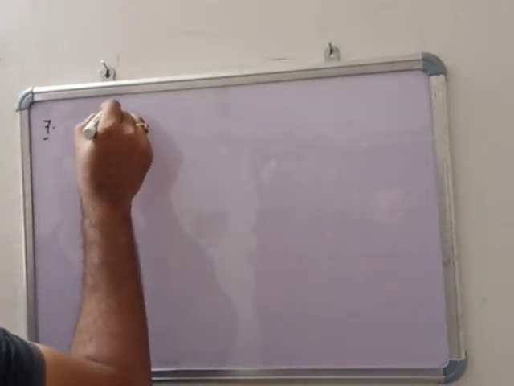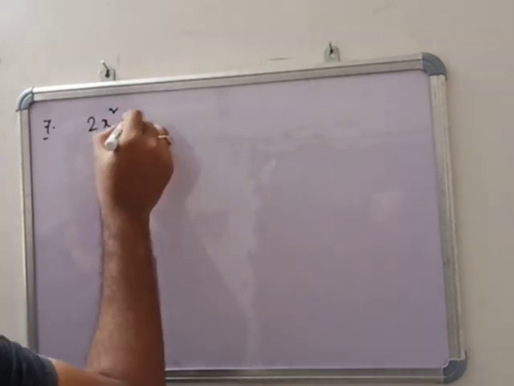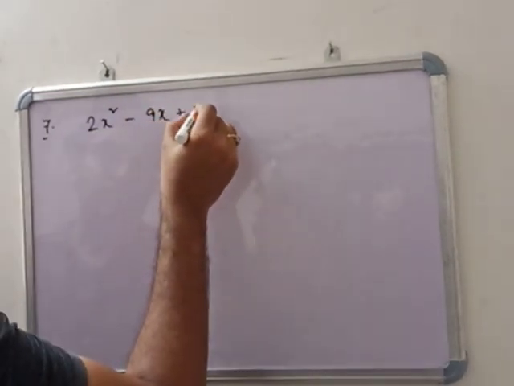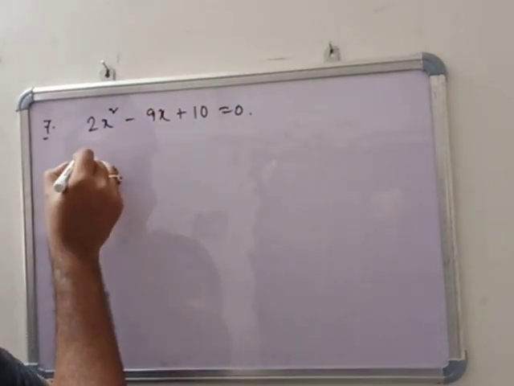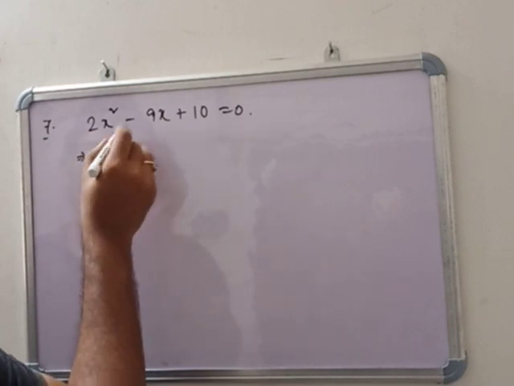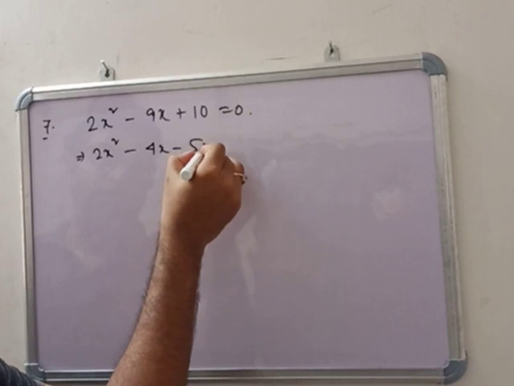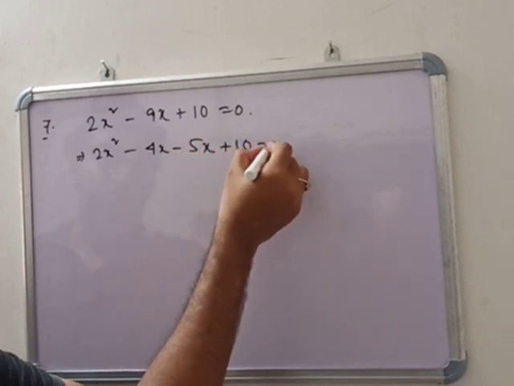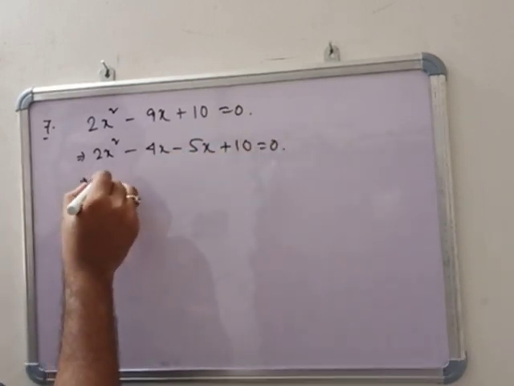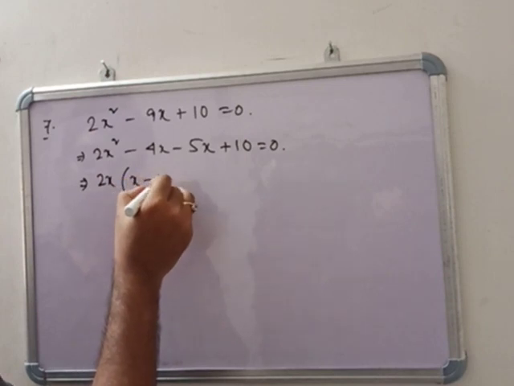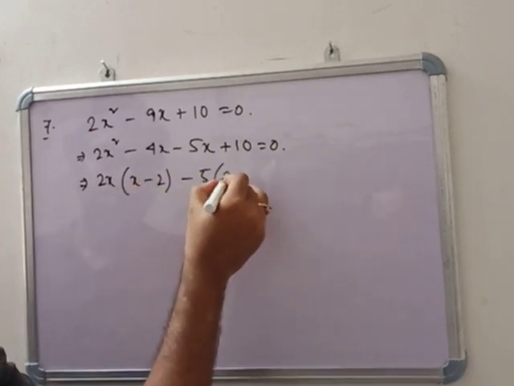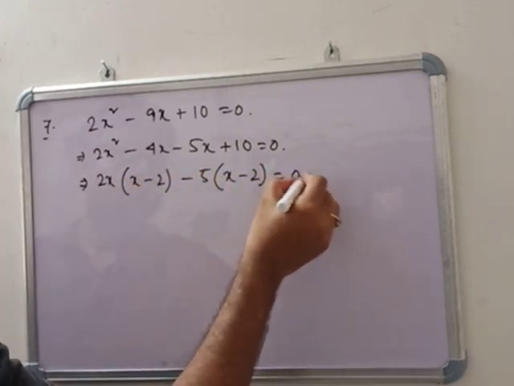Now next is number 7, 2x square minus 9x plus 10 equals 0. So that means 2x square, 2 into 10, 20. So 4x minus 5x plus 10 equals 0. 2x common, so x minus 2, minus 5 common, x minus 2 equals 0.